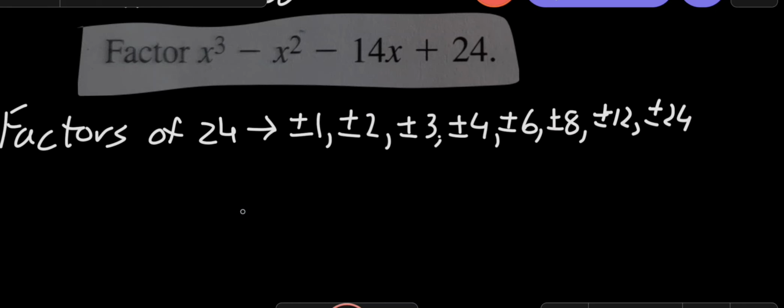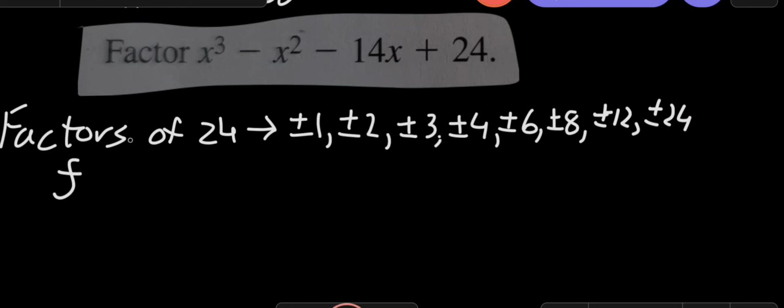Do you see? Yep. 2 cubed is 8, so 2 might work, so let's start with 2. 2 cubed is 8. 2 squared is 4. 8 minus 4 is 4. 14 times 2 is 28. 4 minus 28 is negative 24. Plus 24. There you go. We have 0.